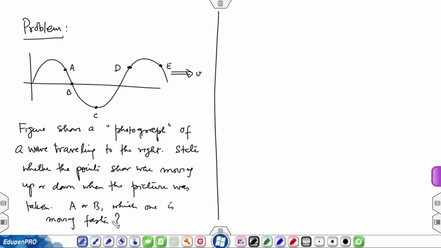I can look at it physically, or I can look at the solution. So, I will look at the solution first, so that you get familiar with the mathematics, and then we will look at the whole picture physically also.